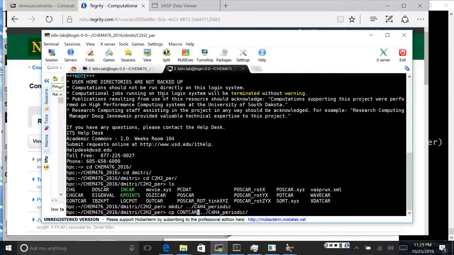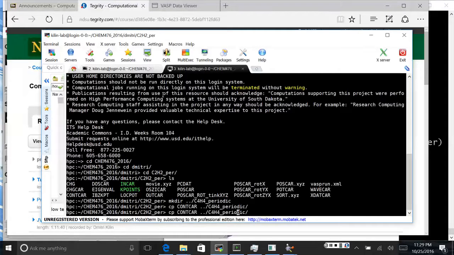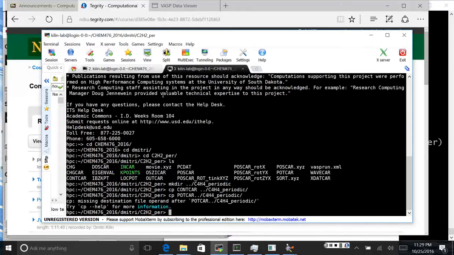Copy CONTCAR there, so it is continuing where we stopped.